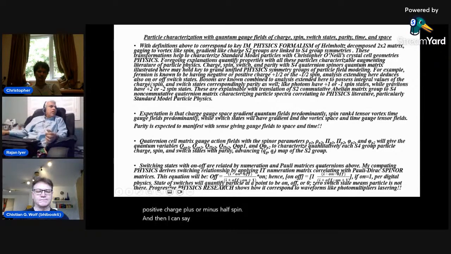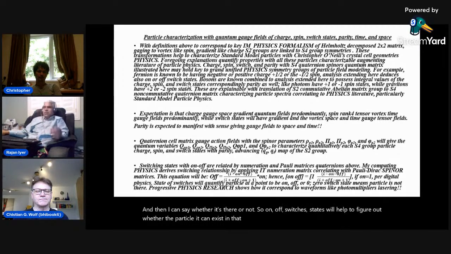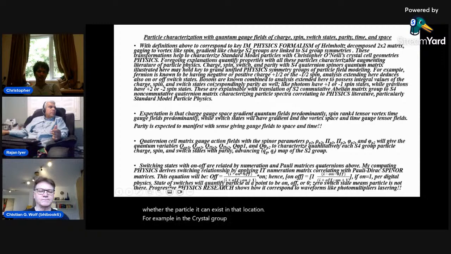On-off switch states will help to figure out whether the particle can exist in that location, for example in the crystal group. Whether each particle can exist. And bosons similarly, we know even less.